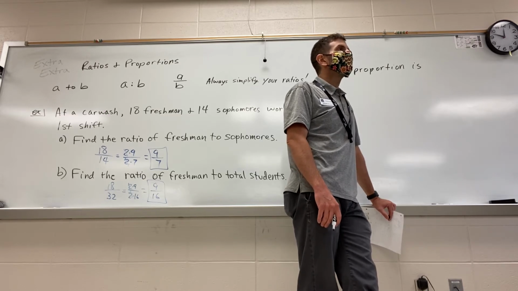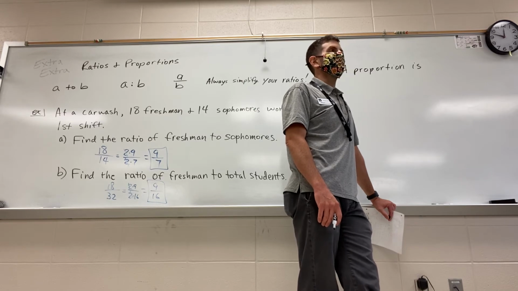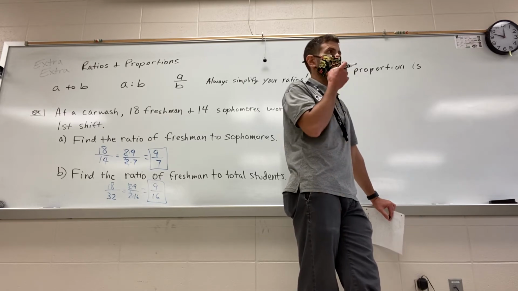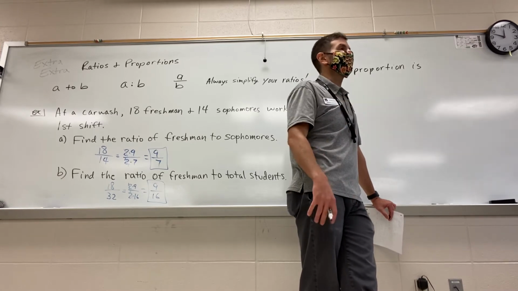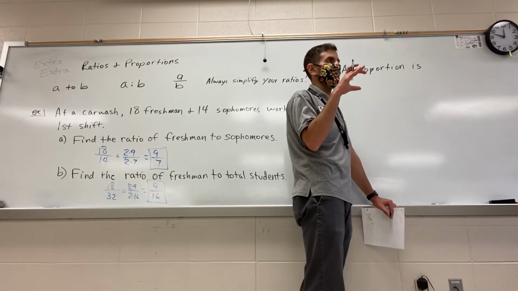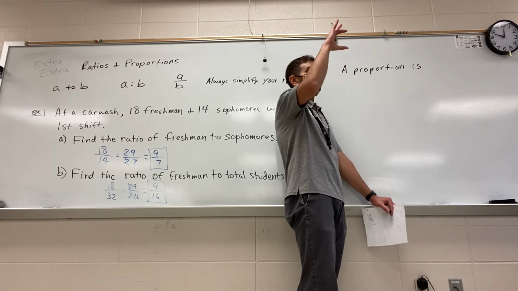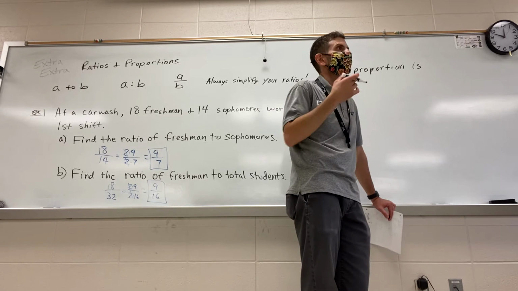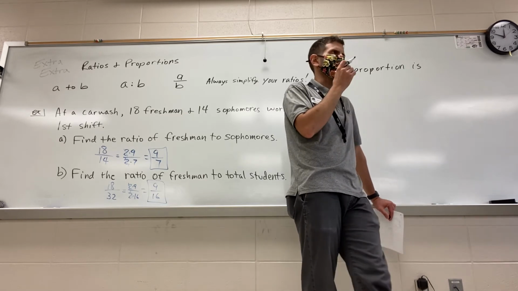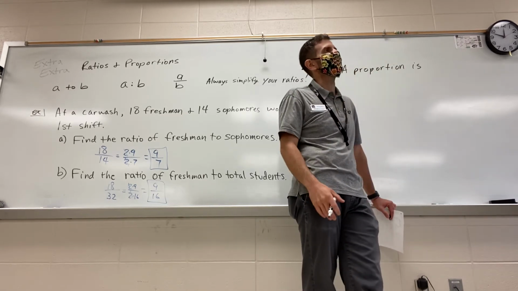Because the total students would include everybody at the car wash. So you can have freshmen be a component of the numerator and a component of the denominator. Just because you have them in one spot doesn't mean they can't be included in the other spot.